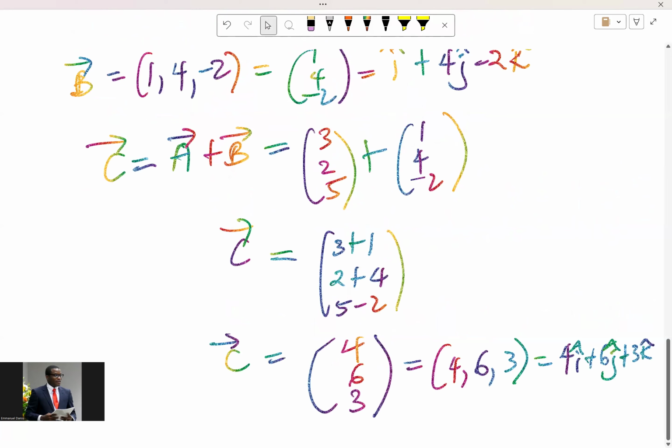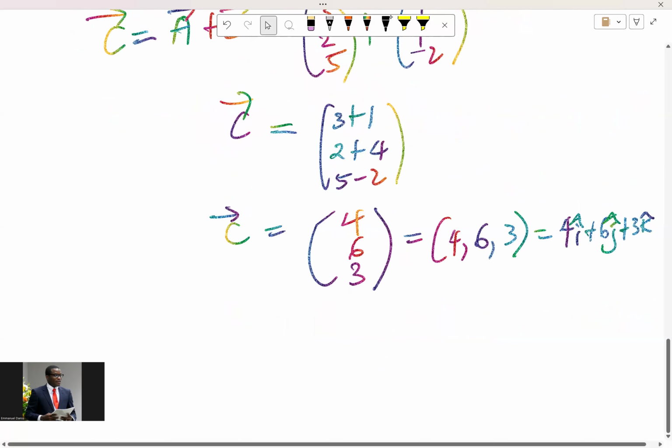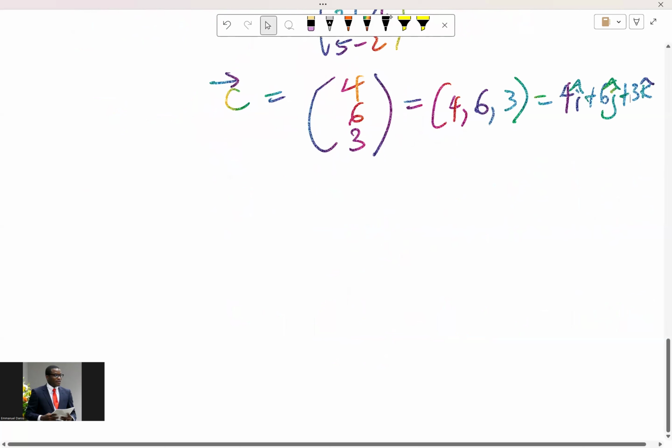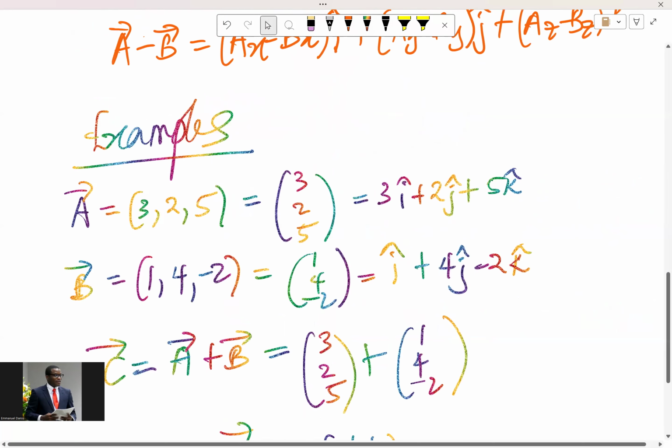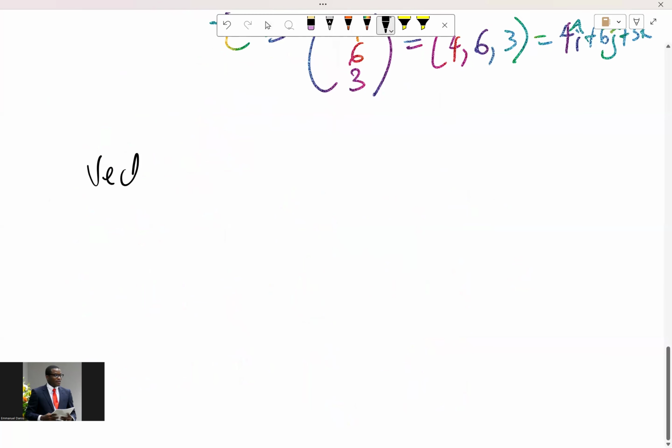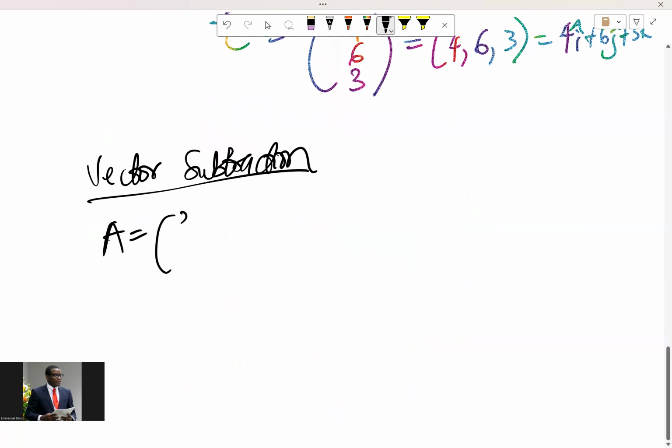So let's assume that we now need to find the difference of these vectors, and we want to call that difference D. That was vector addition, and now for vector subtraction, using the same vectors, we have A, which is (3, 2, 5), and B, which is (1, 4, -2).